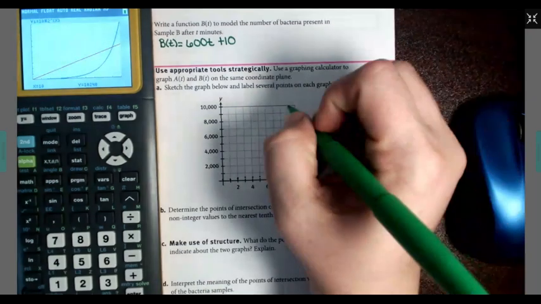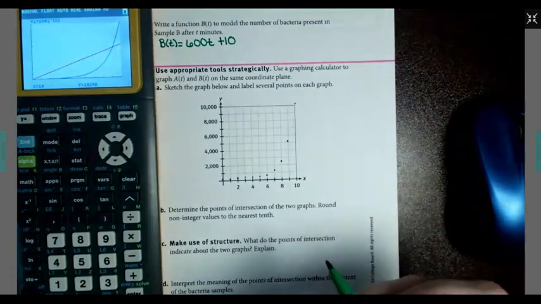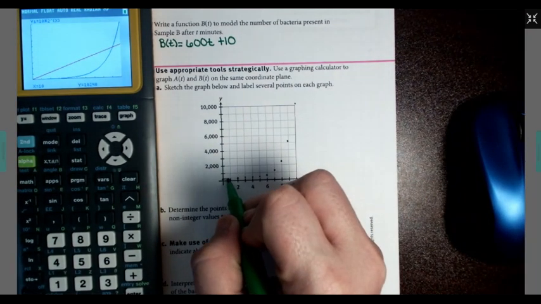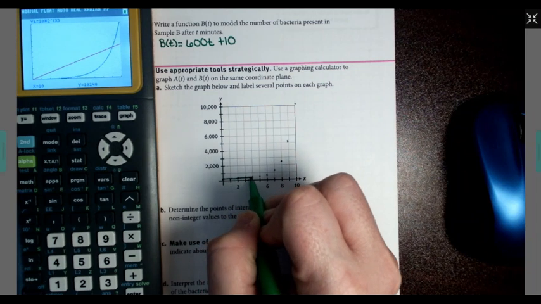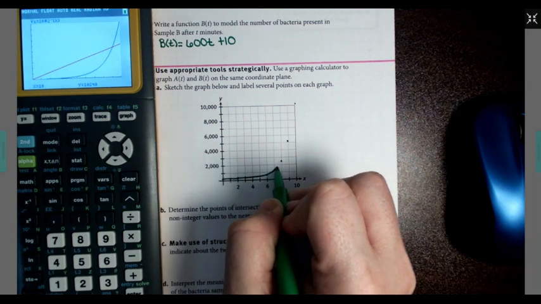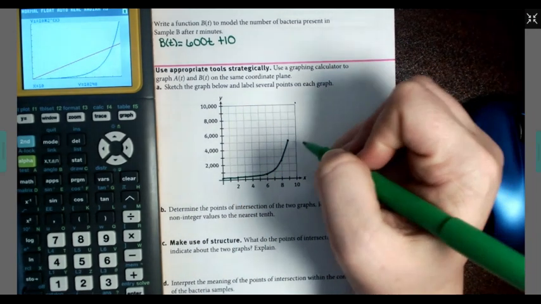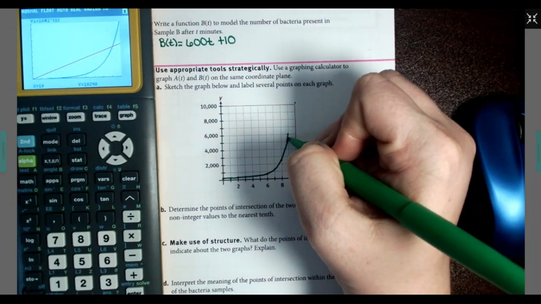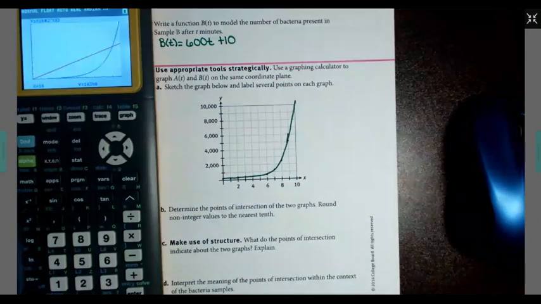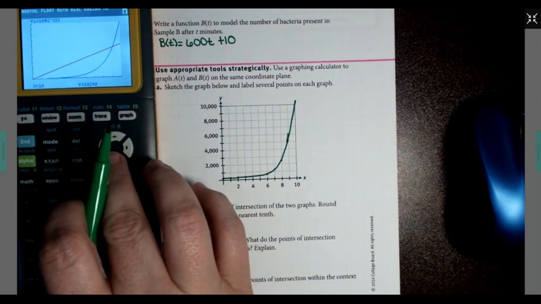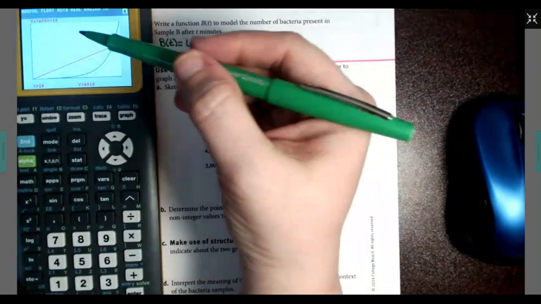Yeah, 10's a little bit off the graph up here. So it kind of looks flat at the beginning, but then notice what happens. It starts curving upward. Something like that, right?